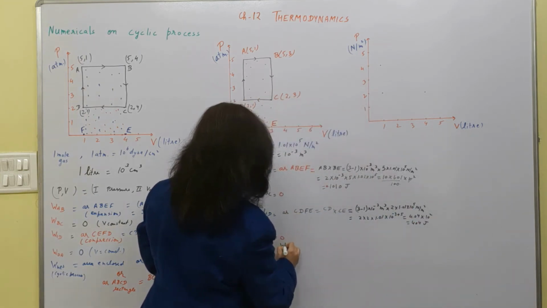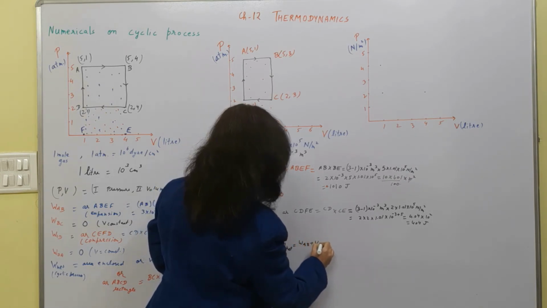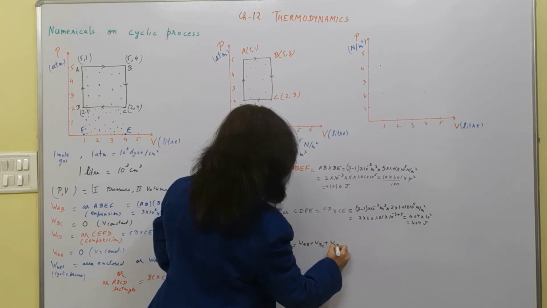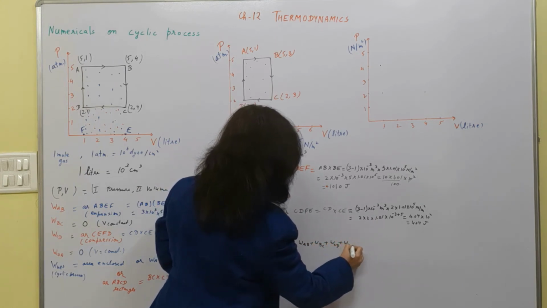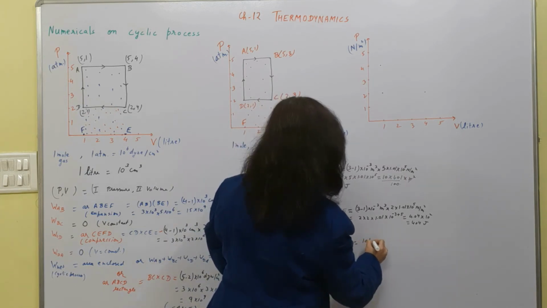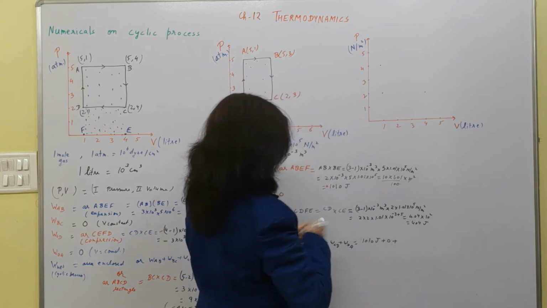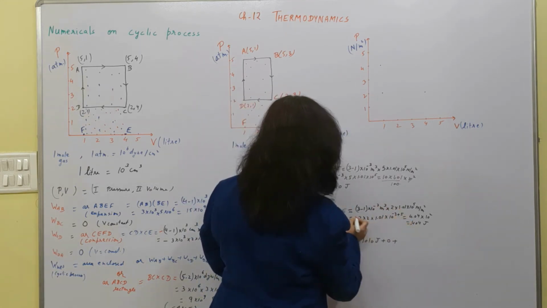And W net is equal to WAB plus WBC plus WCD plus WDA as before. So WAB is 1010 joules plus BC is 0. CD is in minus because this is compression.